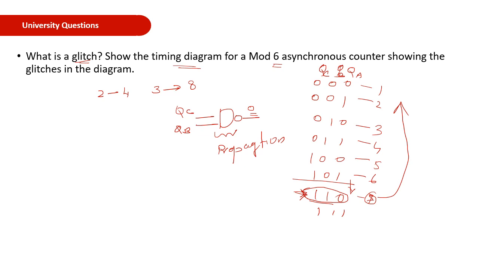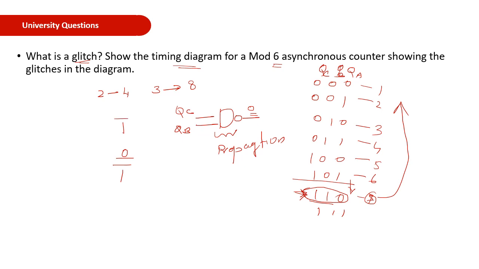When you draw the mod 6 timing diagram, first you draw QA, QB, QC, and draw each state. When the 6th state is occurring, that is 101, here it will be 1, here it will be 0, and this will be 1.